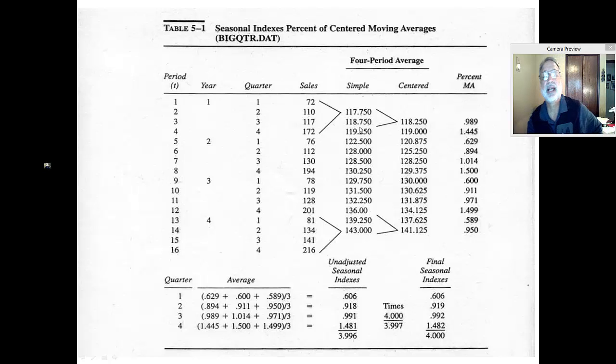That simple moving average I'm using because it is a good representation of the trend. So asking why am I doing a moving average? The moving average is a very good representation of the trend. And if I were to divide that moving average into the actual data itself, it would leave me the seasonal part of the data.